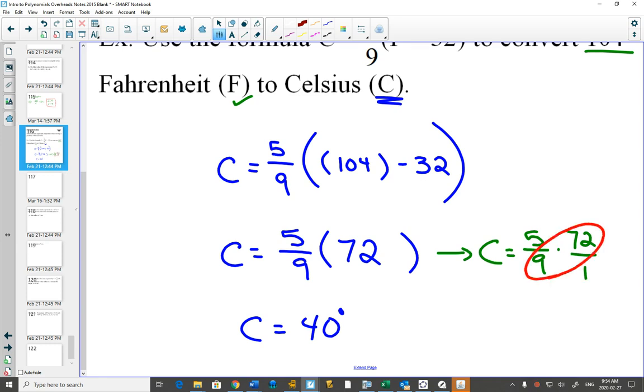Can you divide those? What's it equal to? 72 divided by 9. It's equal to 8. So then you would get 5 times 8, which is 40 degrees.